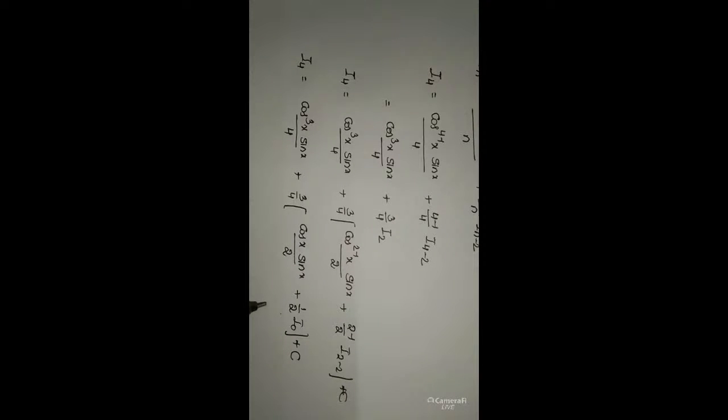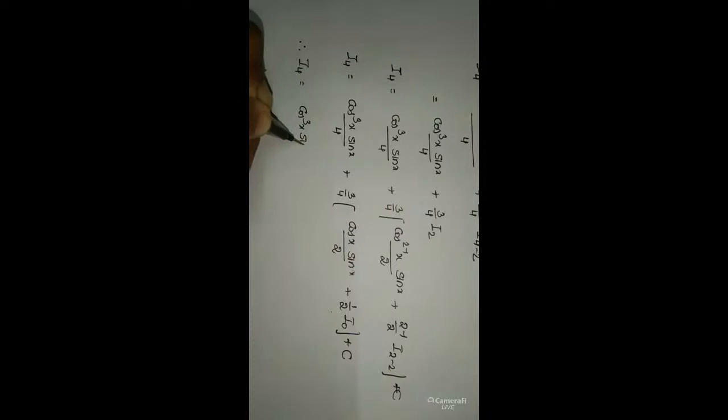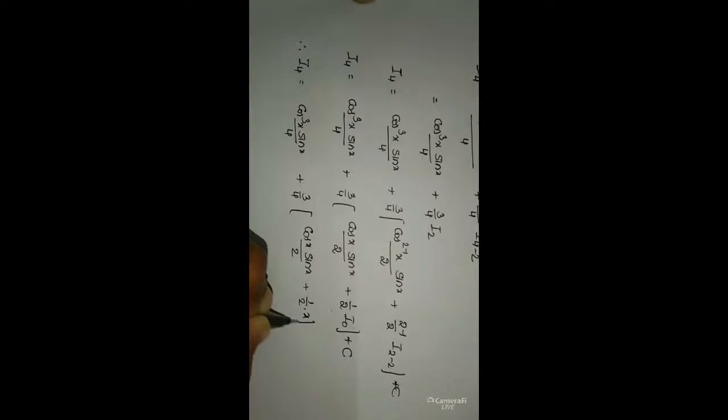What is I_0? I_0 is equal to x. Therefore I_4 is equal to cos cube x sin x by 4 plus 3 by 4 into [cos x sin x by 2 plus 1 by 2 into x] plus c.